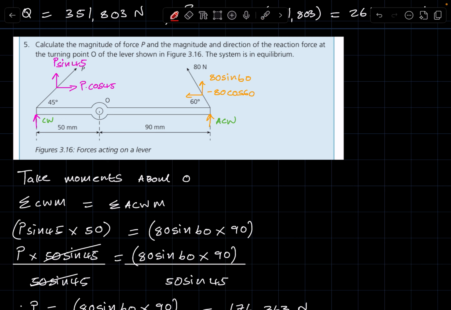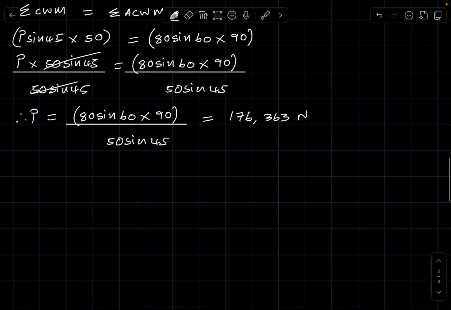Based on what we've just established, we know that there is, call this R in the y direction, the vertical component of the reaction force, heading downward. So in applying conditions of equilibrium, you can simply say the sum of forces going up is equal to the sum of forces going down.